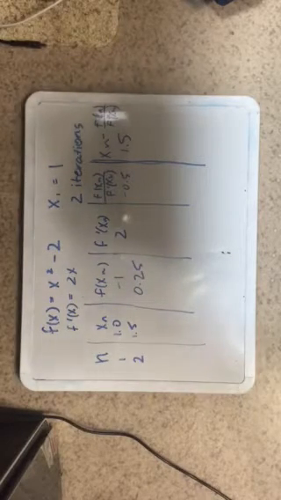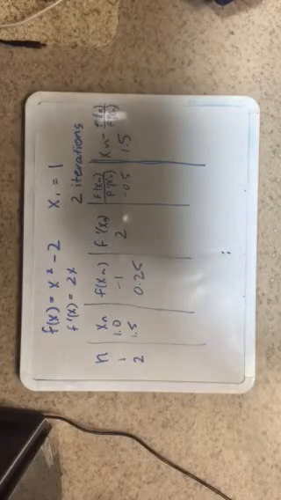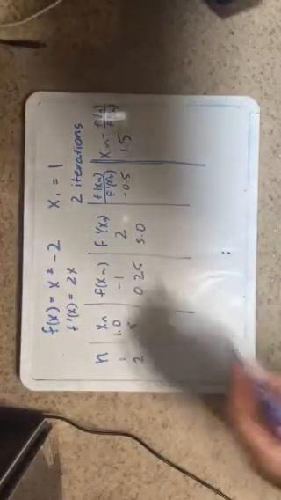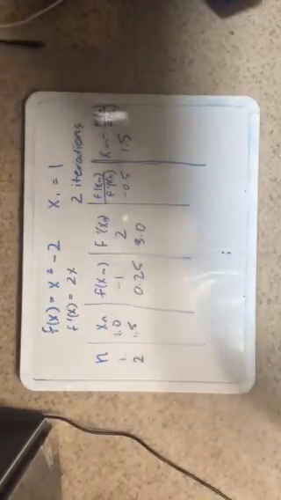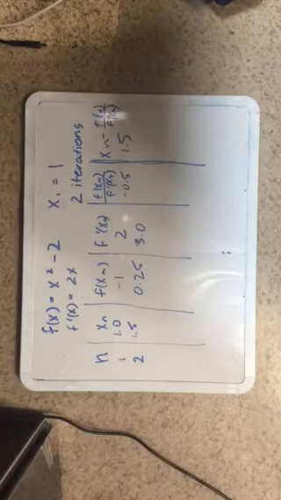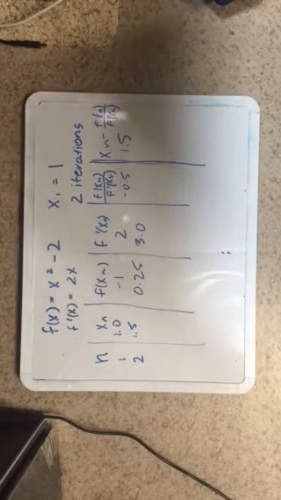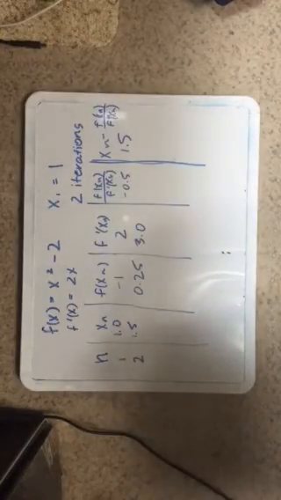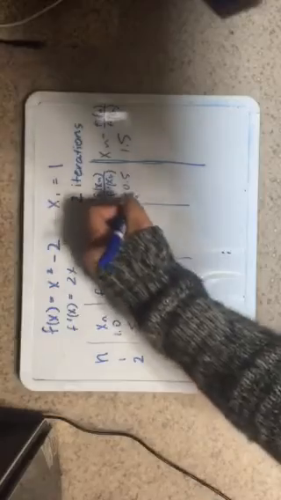And now you're going to plug in 1.5 into the f prime. So 2 times 1.5 is 3, obviously. So 3.0. And then f of x over f prime of x, so 0.25 over 3.0, which is 0.0833.